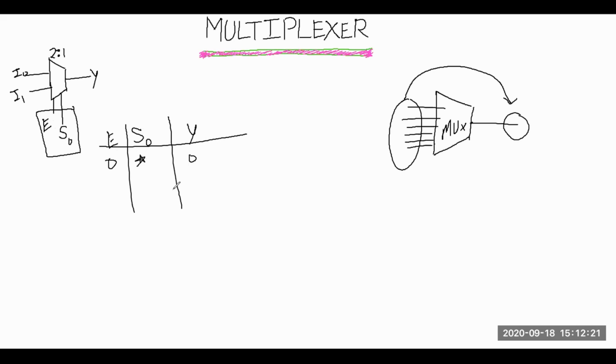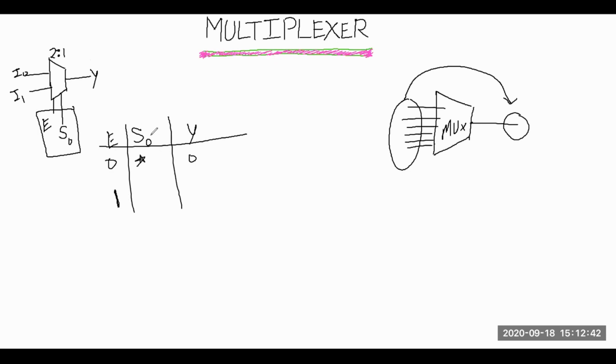So if you give 0 at enable, the multiplexer will not work at all. In the second case, when you give enable 1, you are activating the multiplexer. The multiplexer will work when enable is 1.